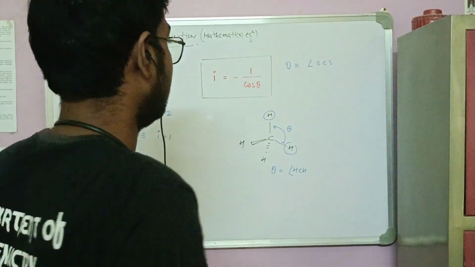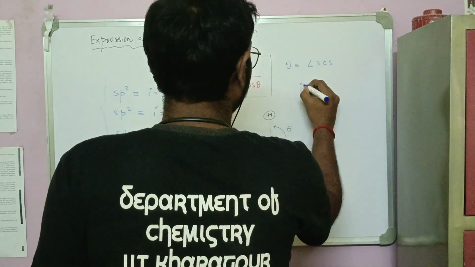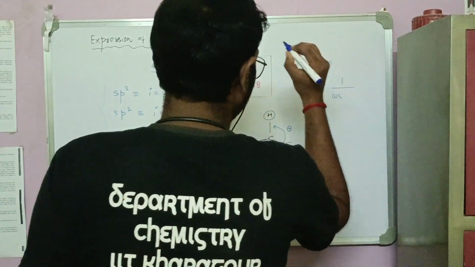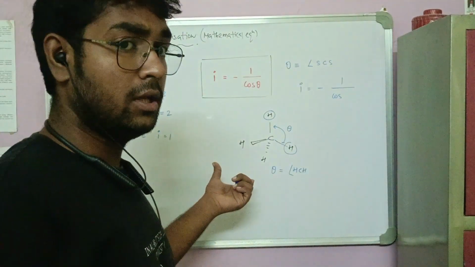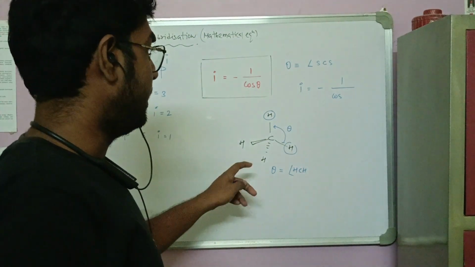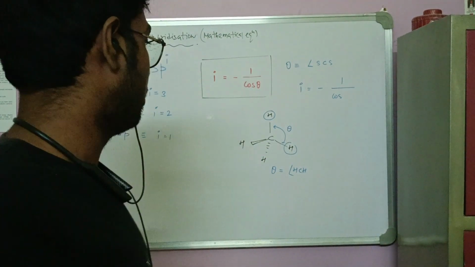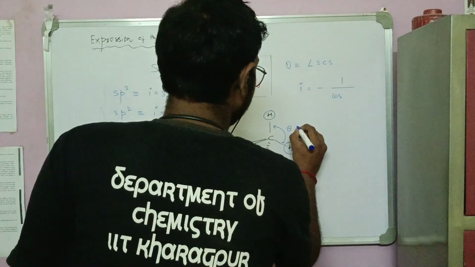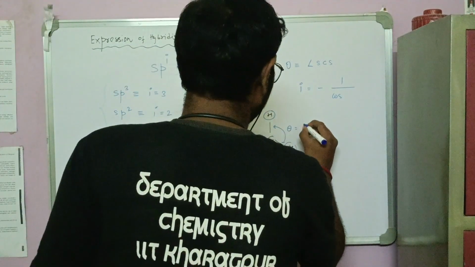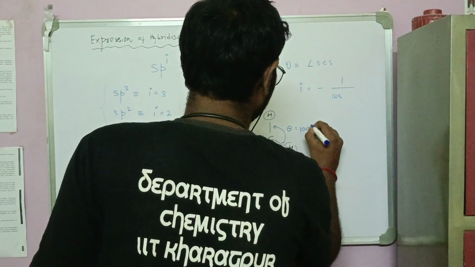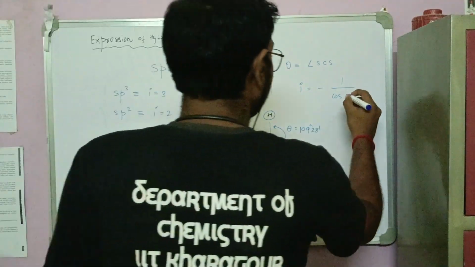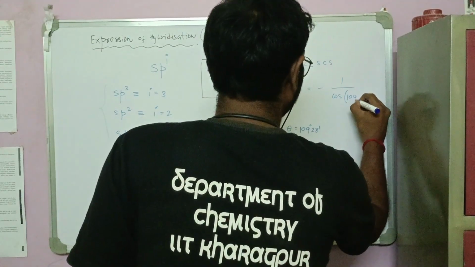So let's put it in this equation. We will get i equals minus 1 upon cos theta. Now we first have to get an idea about the structure of the methane molecule. The bond angle between the side atom, central atom, side atom for methane is 109 degree 28 minutes.